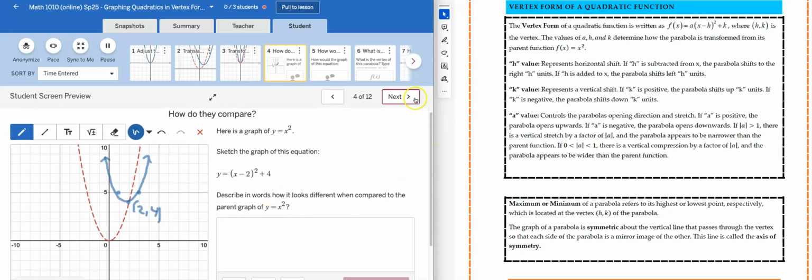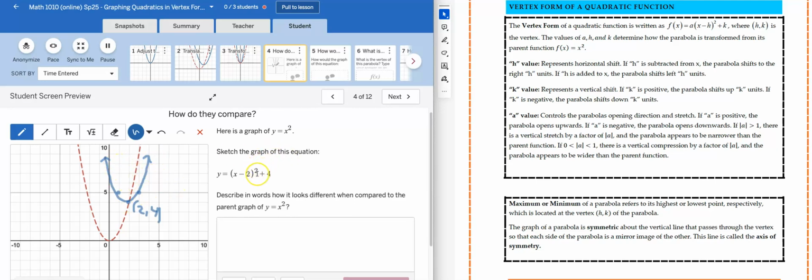Yeah, because I understood the x was 2 to make it 0, but then there was a 1 in front of the x. But then I was like, well, where does the 2 come in? Yeah, so that squared is just telling us that it's going to be a parabola shape. So you might want to write that in your notes, that square is just telling you the shape of the parabola.